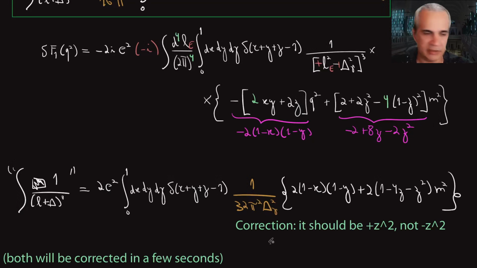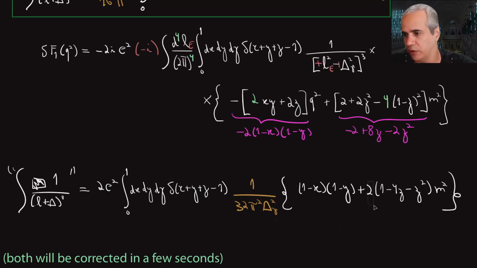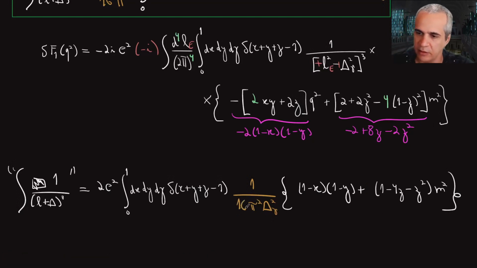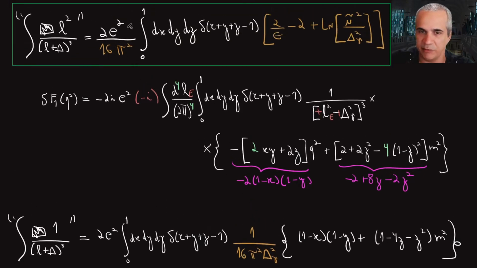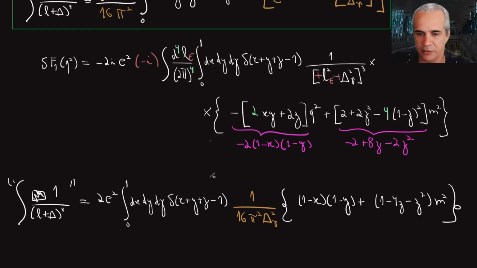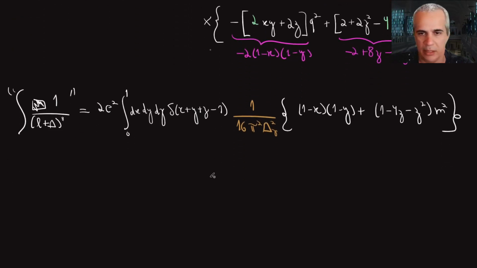So this expression right there, some cancellations here. I can take this 2 and this 2 and make that a 16 here, because I want to group that with the 16 pi squared from this other part. And now I can put these two expressions together, I can just add them up. Let me write these here.